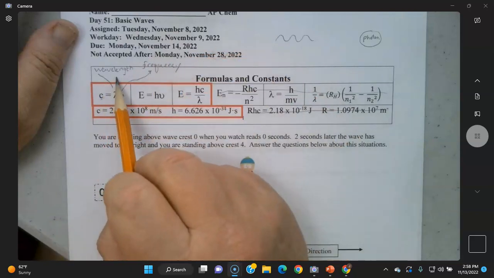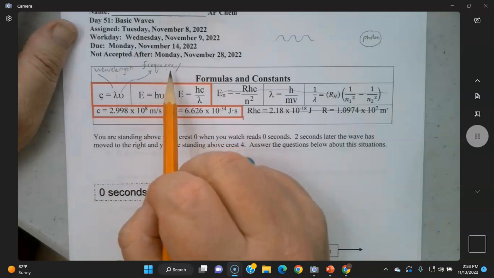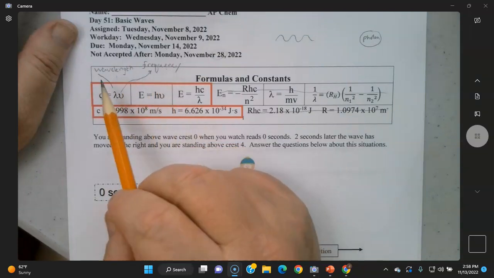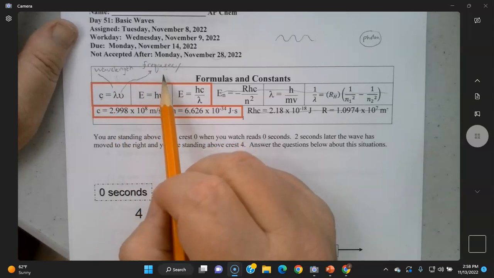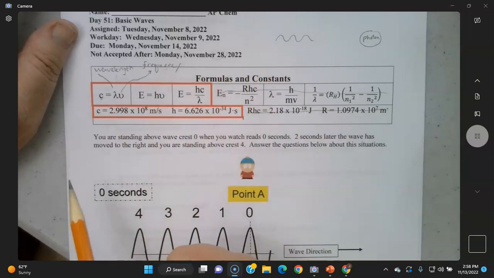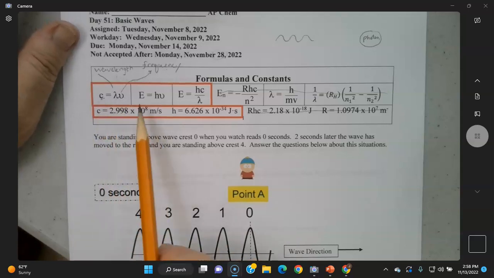So if the wavelength gets longer, the frequency becomes a smaller number. If the wavelength is very short, then the frequency is a higher number. In other words, it cycles up and down a lot faster. And so those two are related inversely by this number. They both have to multiply to be this number. We'll just call it 3 times 10 to the 8th.